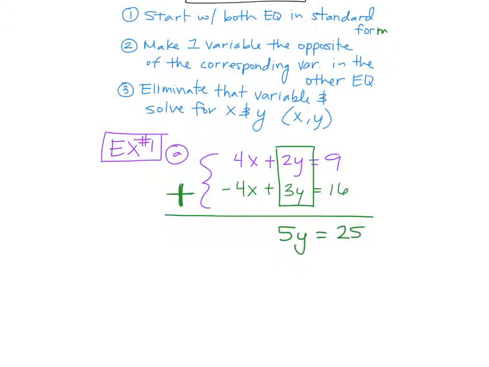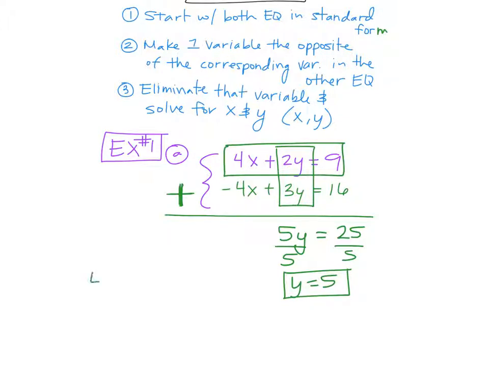We eliminated it, okay? I'm not going to cross it out because I'm going to go back and use it, but you're going to solve now for y by dividing. So y is 5. How do we find x? Plug it in. I would use the first one just because it's smaller numbers. So I'm going to use 4x plus 2 times y, which we know is 5, equals 9.